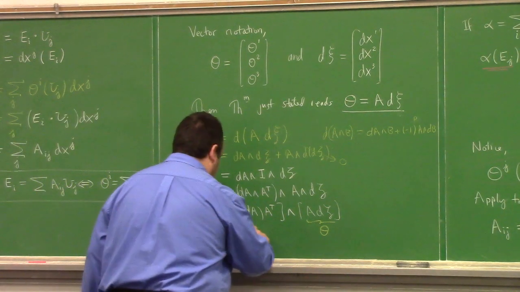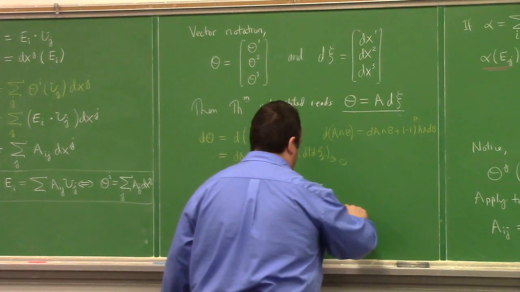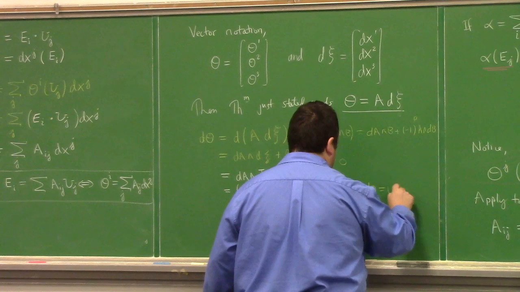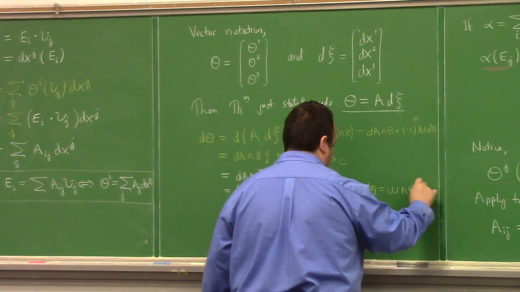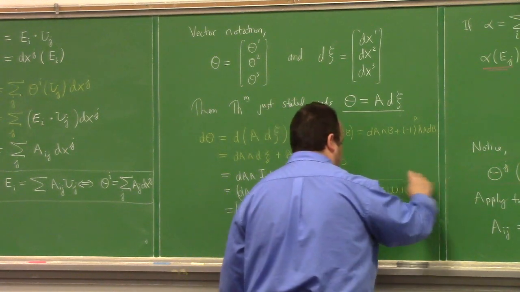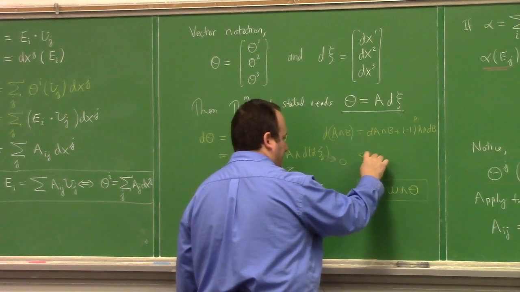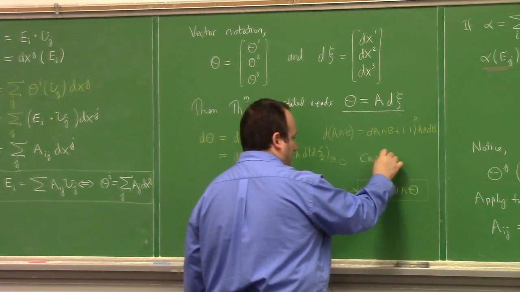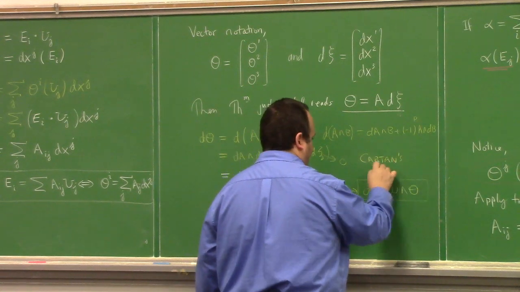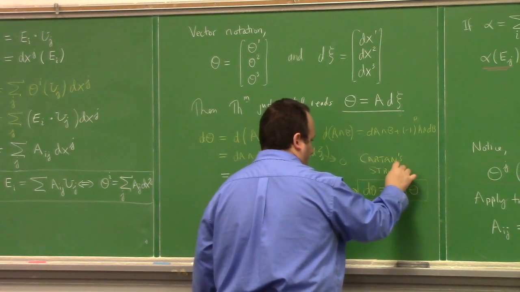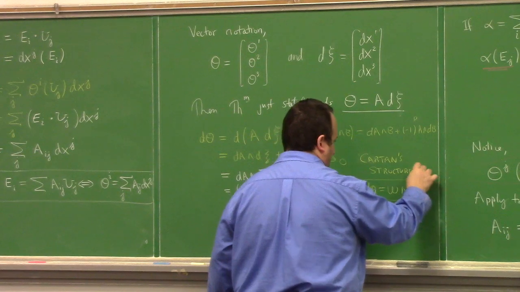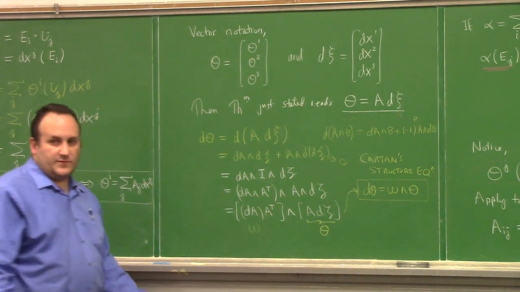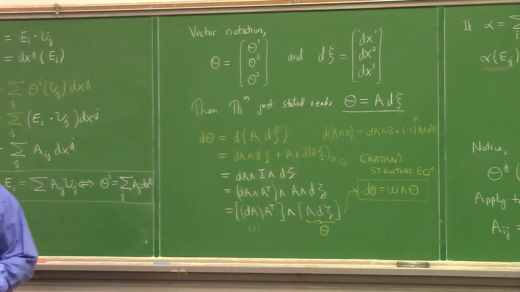And so here you have the beautiful formula that d theta is omega wedge theta. This is one of the structure equations of Cartan, one of Cartan's structure equations.